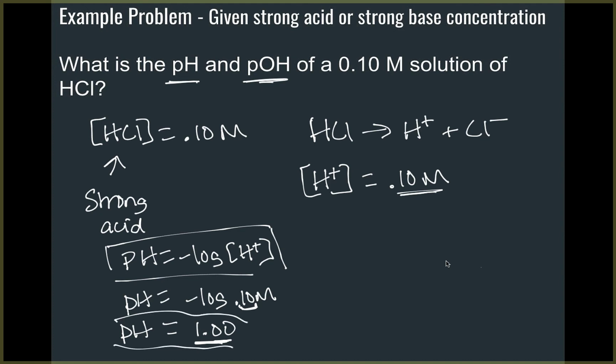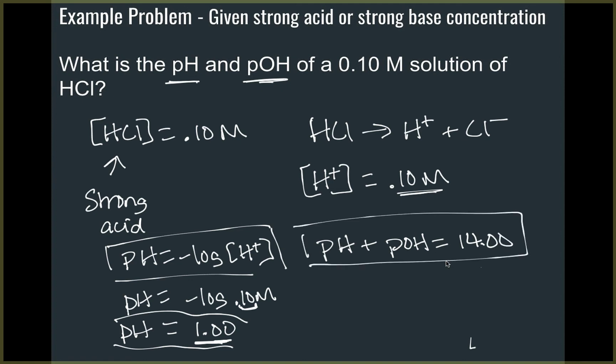This one also wants the pOH of that same solution. Again, I'm going to look at my formulas. For this one, I know that pH plus pOH equals 14. I have the pH, so I'm going to sub that in.